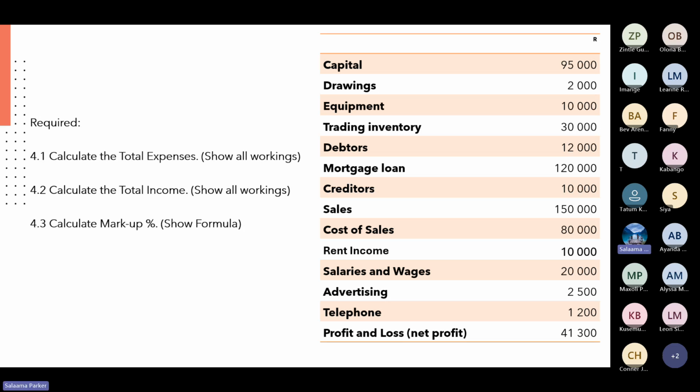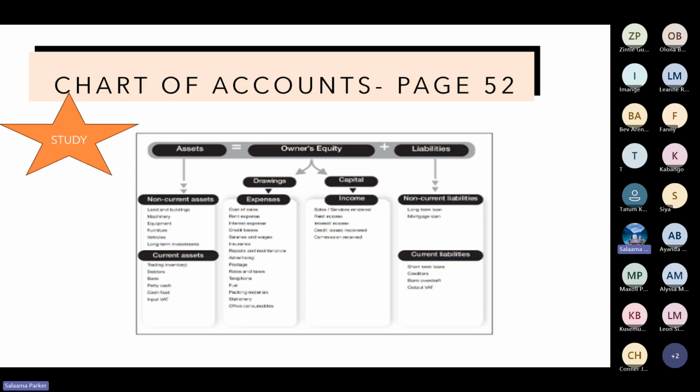Right. So just please note that these are the things you need to know. You need to know what are incomes and expenses as per your chart of accounts. Okay, incomes and expenses. And you can see here there are many different expense accounts and many different income accounts.